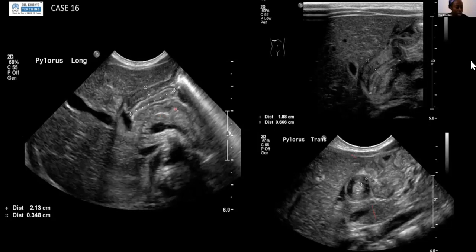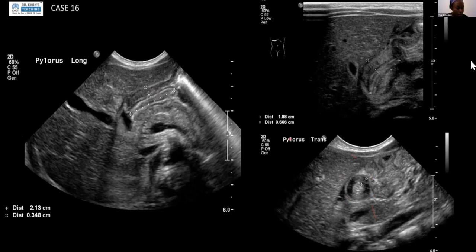This is a long view of the pylorus. We can see that the single muscle thickness, if you measure just the hypoechoic muscle to the edge of the hypoechoic region, is over 3 millimeters. The length of the pylorus itself is elongated, as Candidate 3 said. And then when we do it in transverse, we get this donut sign here.